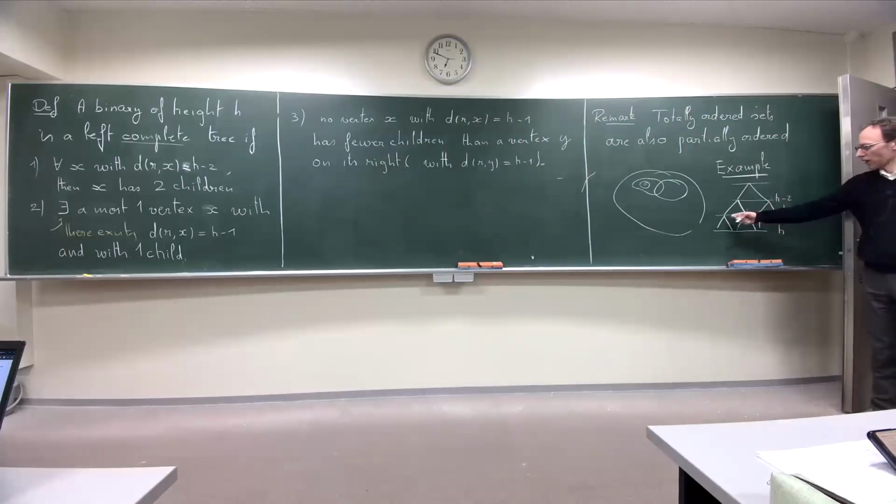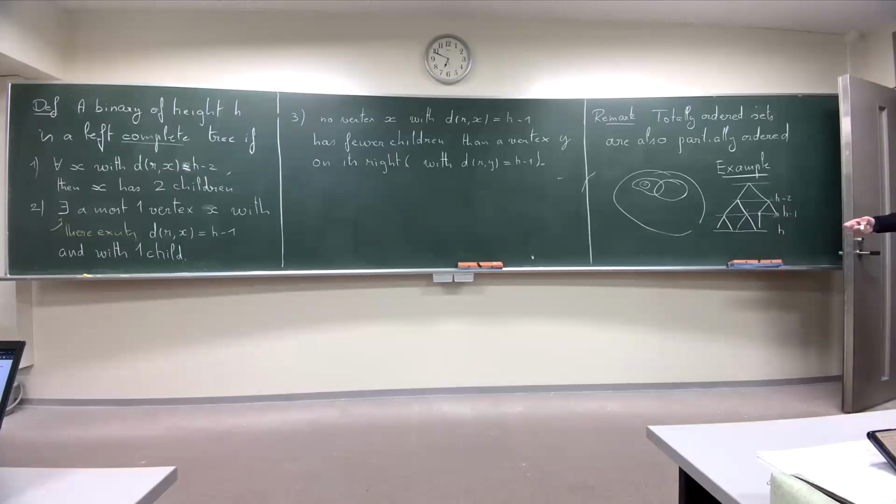So this one has not less because it's 2 on 2. This one has not less because it's 2 on 1. This one has 0, so it's fine. And by the way, I should not have these lines also like this. So the third condition is satisfied.